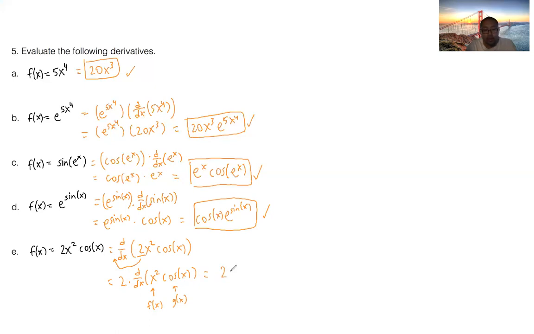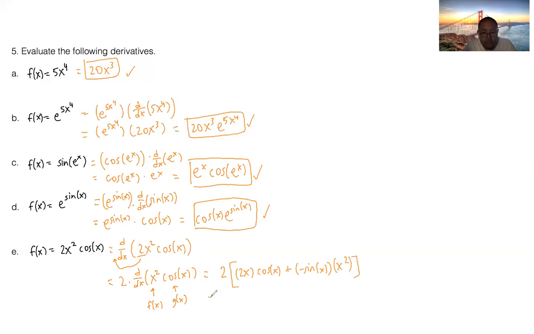So you're going to have 2 times f prime g, which is f prime, which is going to be 2x times g, plus g prime, derivative of cosine, times f, which is x squared. Okay?